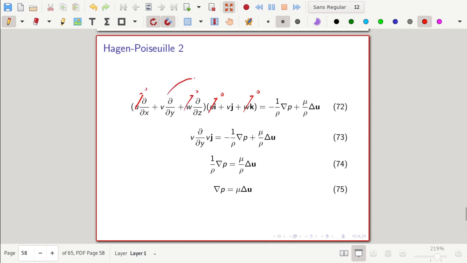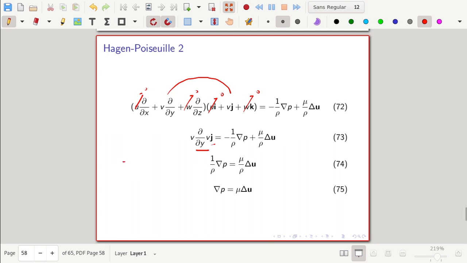So we're left with the product of v, partial derivative of v in y, j in the j direction, equals 1 over rho, the gradient of pressure, the viscosity over the density, times the Laplacian of the velocity field u.